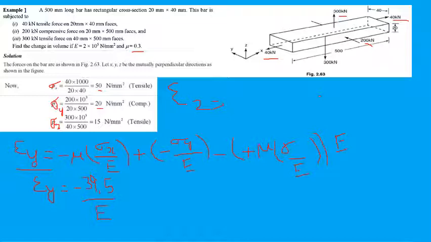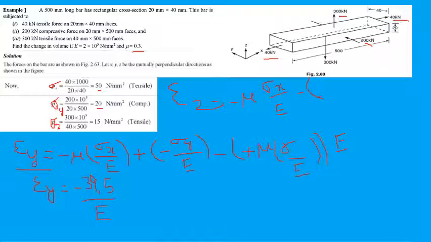since we are applying tensile load across the z-axis, there are changes which take place across the other two directions. Across the x-axis there is a lateral strain, therefore minus mu into sigma x divided by E, negative because it is a lateral strain.